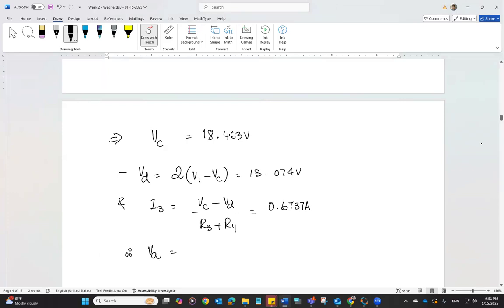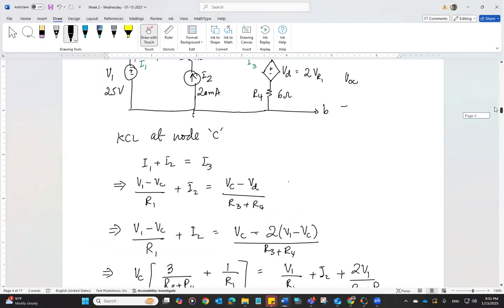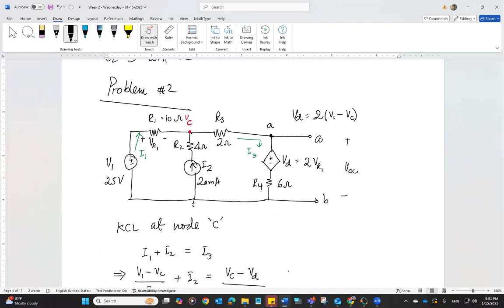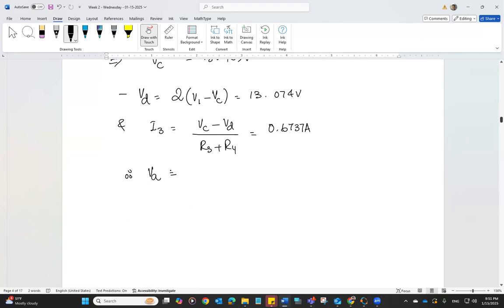All right, so how am I going to calculate VA? Again, go back to the circuit and see. Current I3 is flowing from C to A. That means the node voltage at node C is higher than the node voltage at node A, because when the current I3 passes through R3, some voltage is going to be dropped. So the node voltage A is simply VC minus the drop in R3.